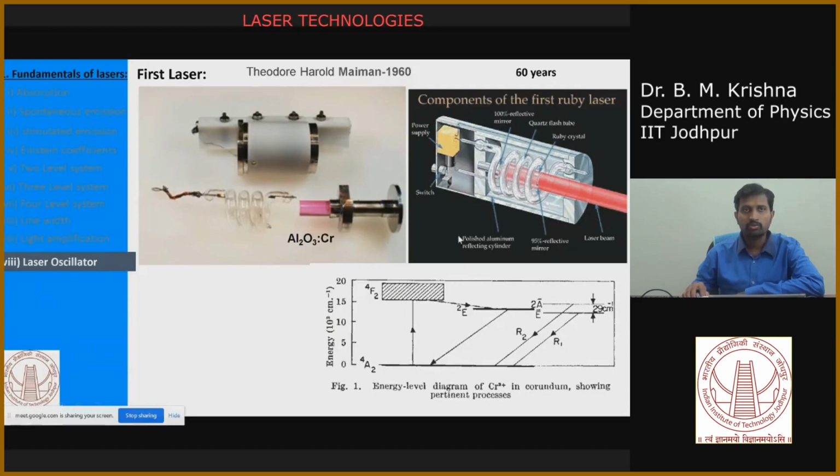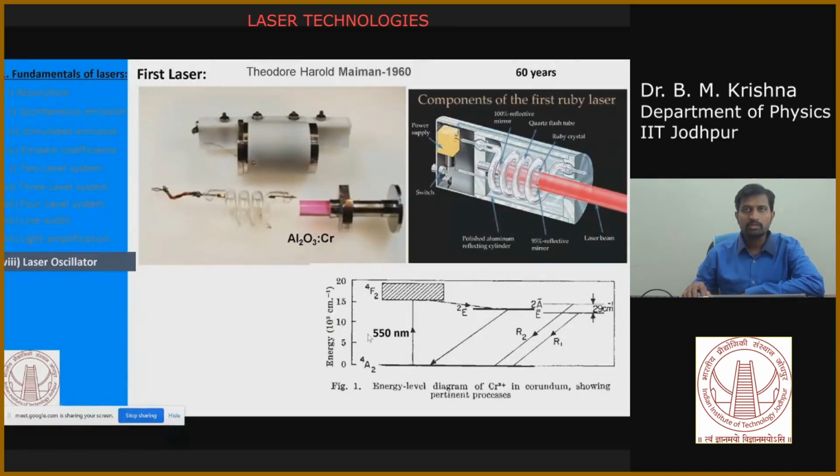Via pumping through your lamp, you excite atoms in the ground state to the 4F2 excited state. Then atoms quickly relax to the 2E state through a non-radiative process. From this you have a laser transition from the 2E state to 4A2, where your 2E state is a degenerate state. There you can see two transitions, out of which the transition from the lower state will be highly prominent.